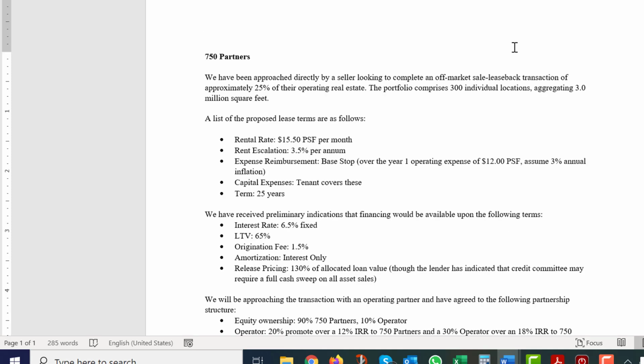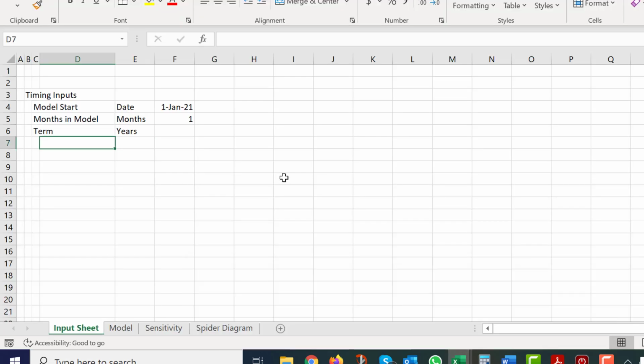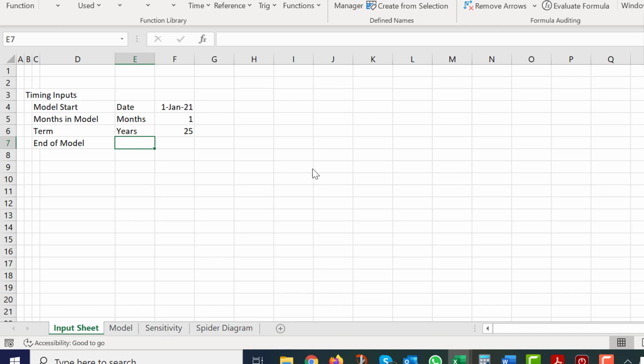So really, the timing is kind of inconsistent up front. So we'll put 25 years. And then we'll put end of model.